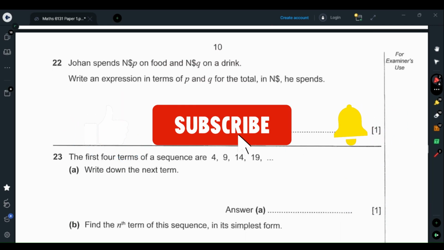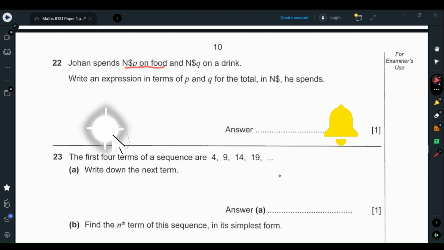Question 22 now. Johan spends P Namibian dollars on food and spends Q Namibian dollars on drinks. Write an expression in terms of P and Q for the total in Namibian dollars he spends. So they want the total. Total simply means the sum.